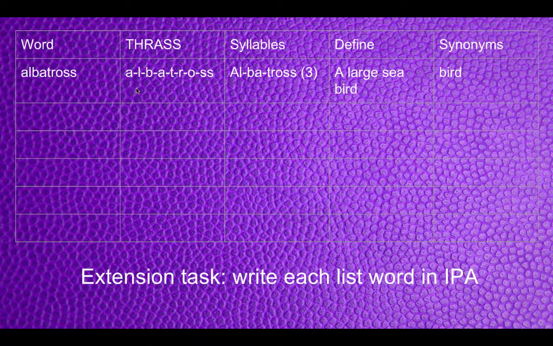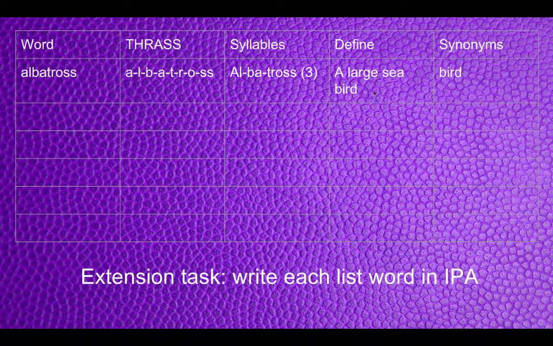It can get a bit confusing, it can sometimes look like an L. So I find that a dash or a dot in between them is a little bit easier. So we've thrashed out the word albatross here and then broken it into its syllables, albatross. And you can see that you need to record as well the number of syllables. So you need to demonstrate that you can break it into syllables and then record the number, count the syllables.